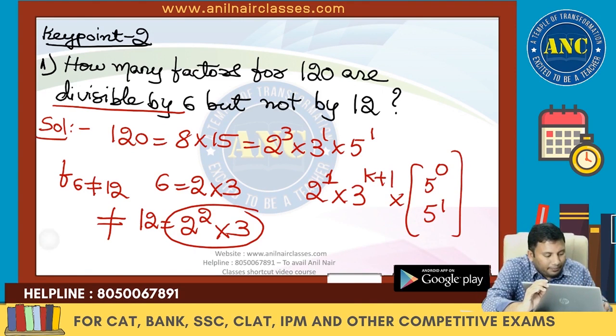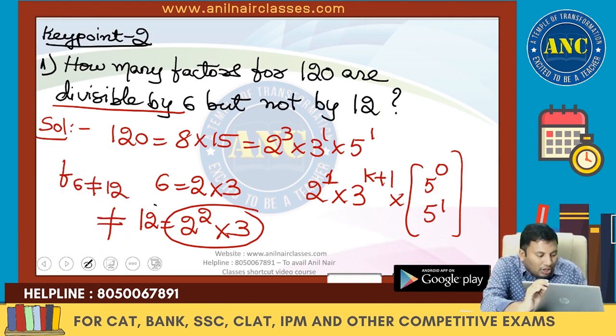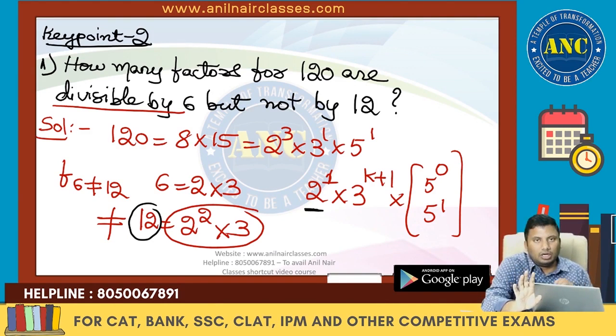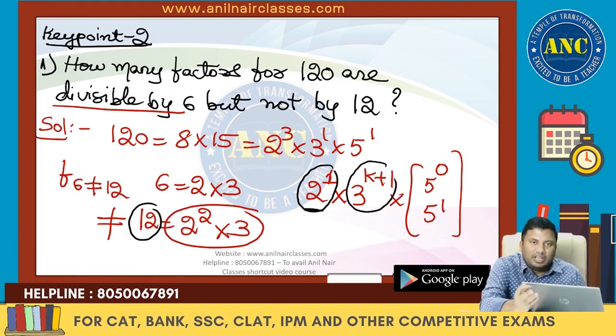Now see here. Listen carefully, what am I doing? It should not be divisible by 12. Because it is not divisible by 12, 2 square should not be there. That is the reason I wrote 2 power 1, into 3 power k plus 1. 3 is common, so it can start with 3 power 1.